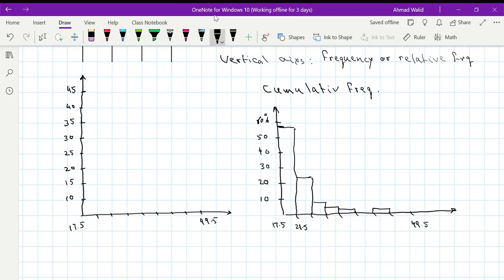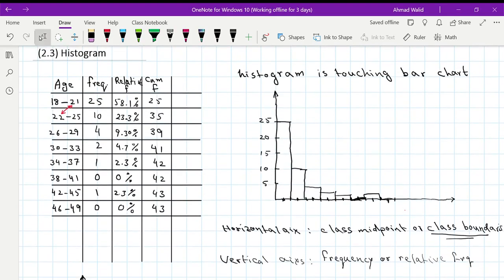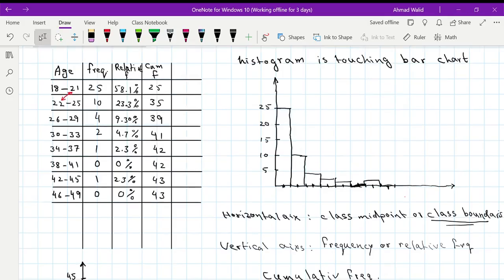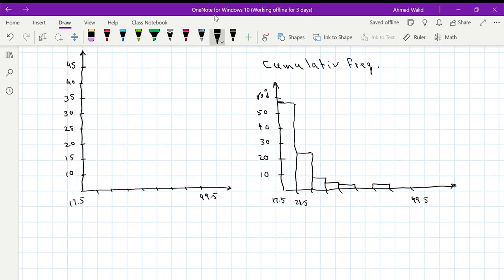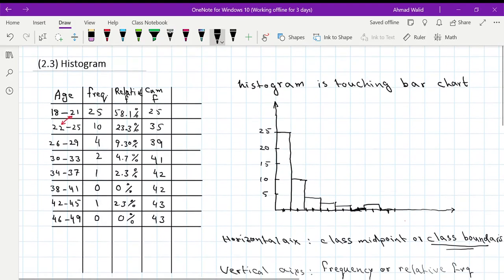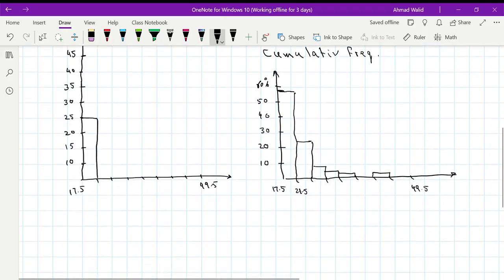Correct? The first group, cumulative frequency is 25, right? The first group is 25. The second group is, I think, 35. Correct?